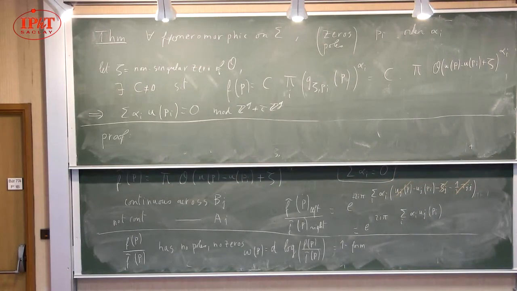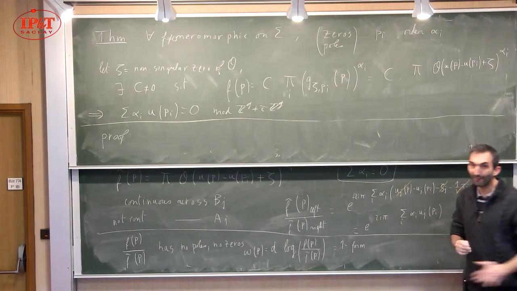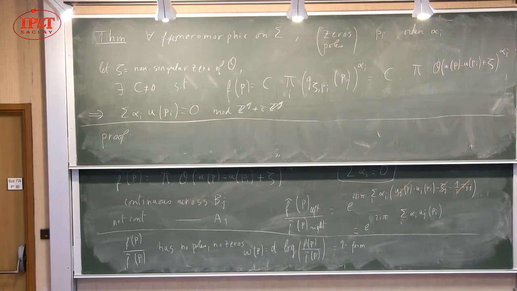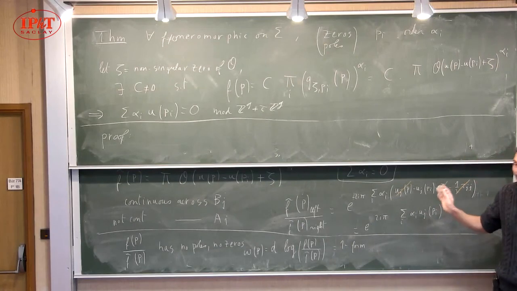Well, since the phase here does not depend on p, it means that the differential of log of that is 0. The differential with respect to p of that quantity is 0 because it's independent of p, it's a constant.